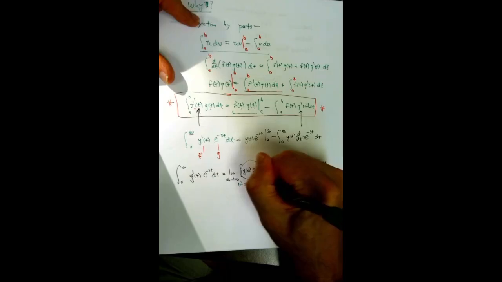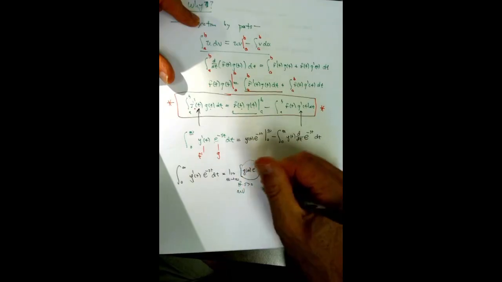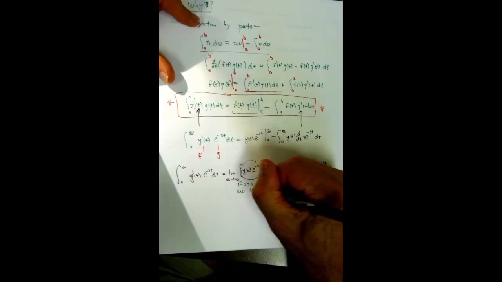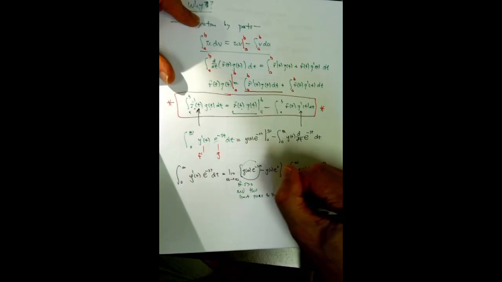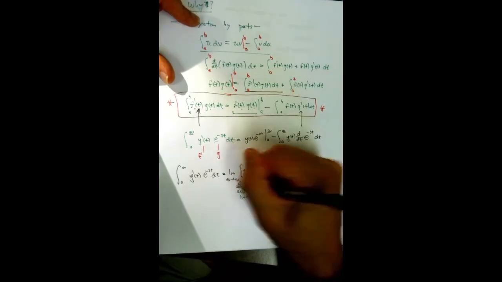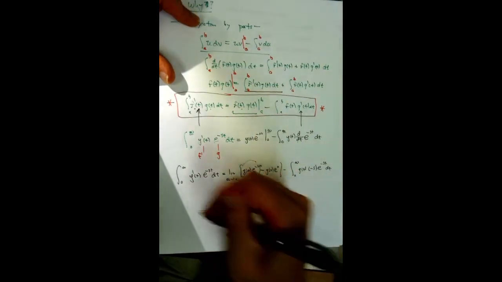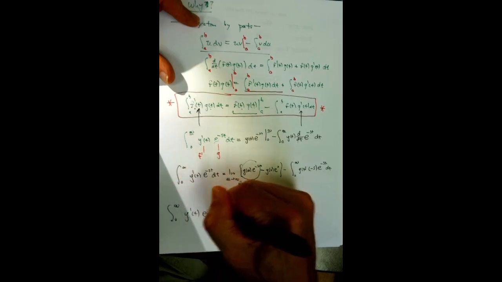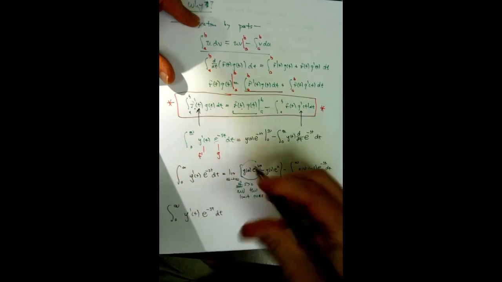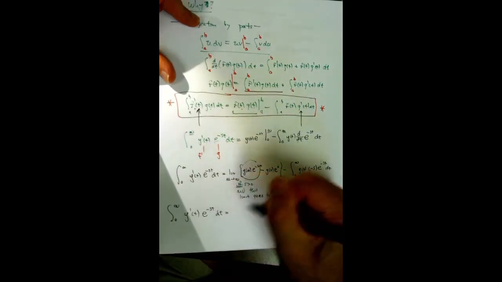If s is greater than 0 and this limit goes to 0, again, this is a big if, but if that is true, what do we get? So we leave the left, notice we've not done anything to the left-hand side.